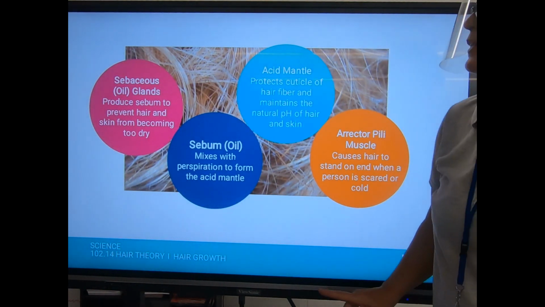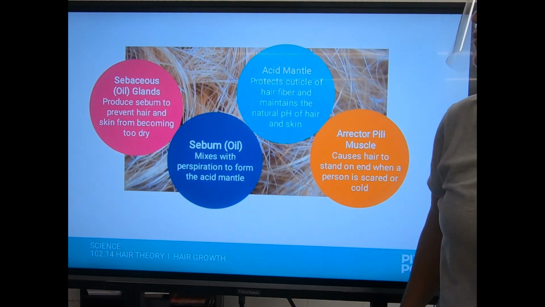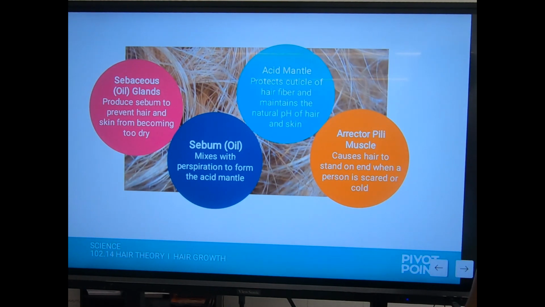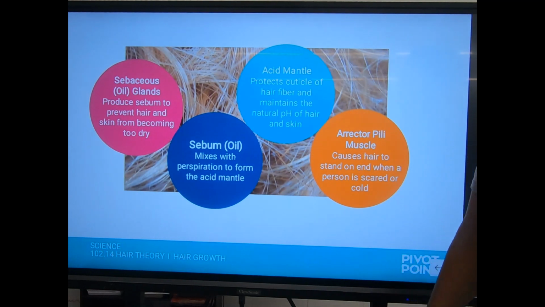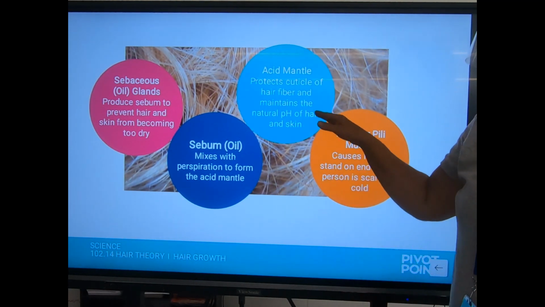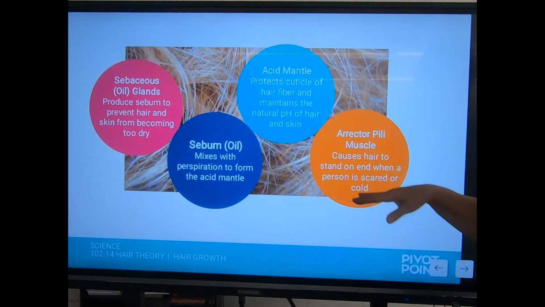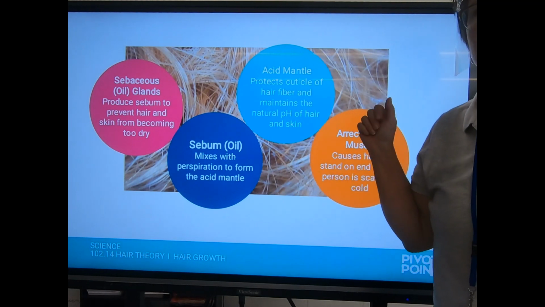Okay, your oil glands produce sebum to prevent skin and hair from becoming too dry. We already talked about this. Sebum is another name for oil, mixes with perspiration to form the acid mantle. Okay, the acid mantle is protecting, and the erector pili, again, causes goosebumps.